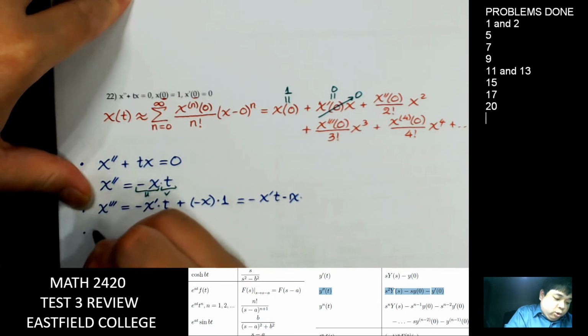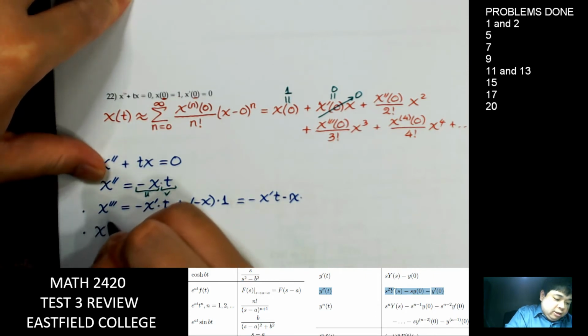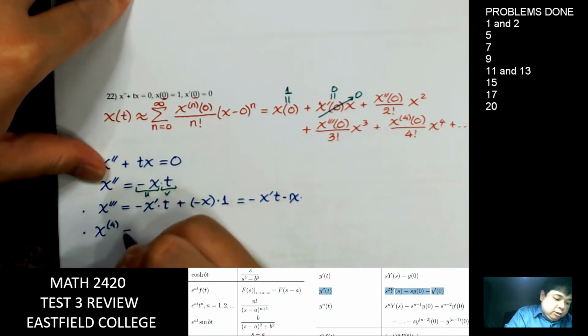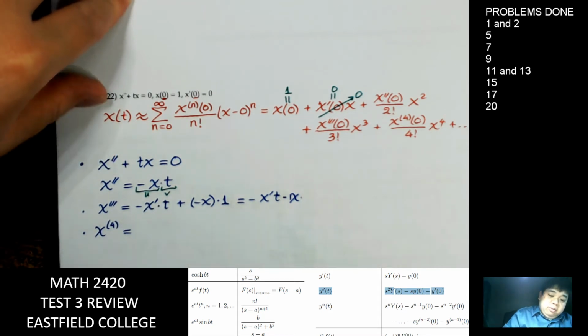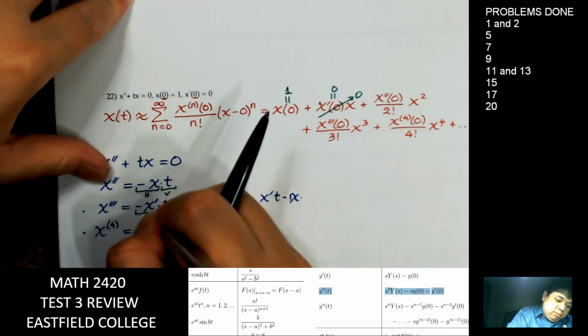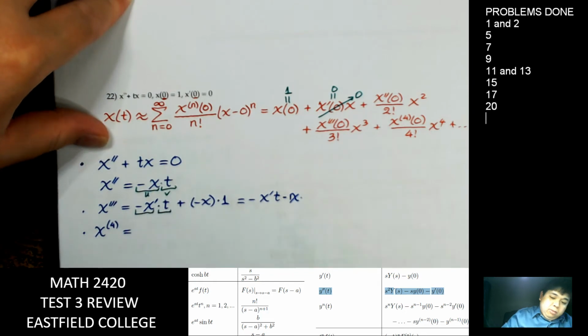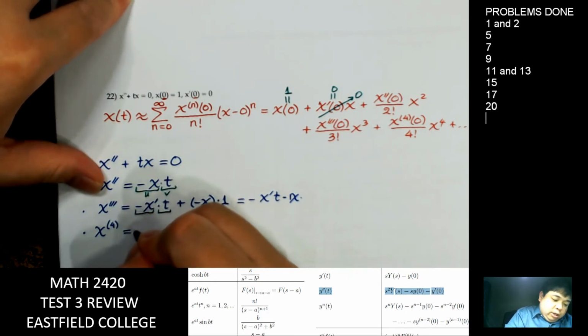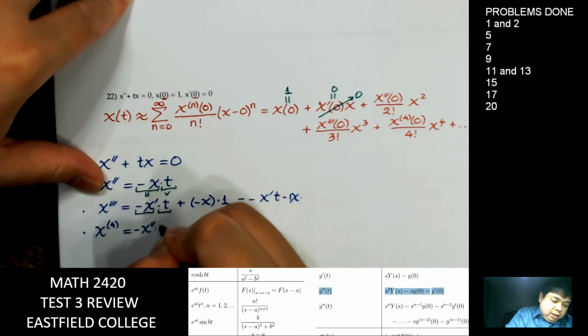Now we take the fourth derivative, which will be the derivative of this, another product rule: negative second derivative times t.